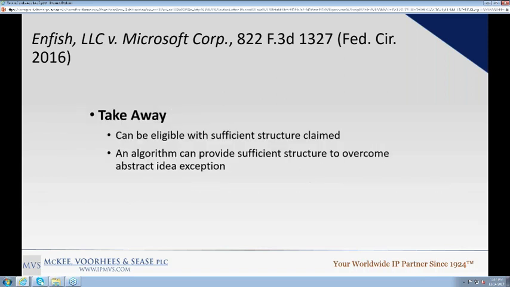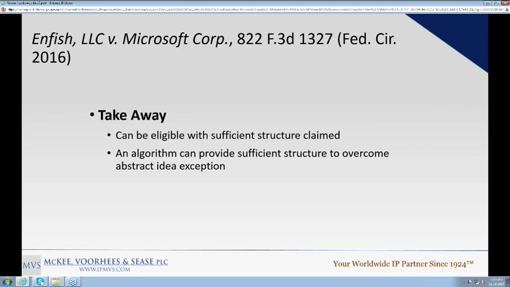So the takeaway that I think a lot of practitioners took from NFISH was recite more structure, have more sufficient structure, even in your software-related patents, define more structure to connect it with hardware, as opposed to this abstract idea of communicating, relaying a signal, storing data, taking an action, something that's purely implemented by computer steps, but actually provide something a little bit additional to that.